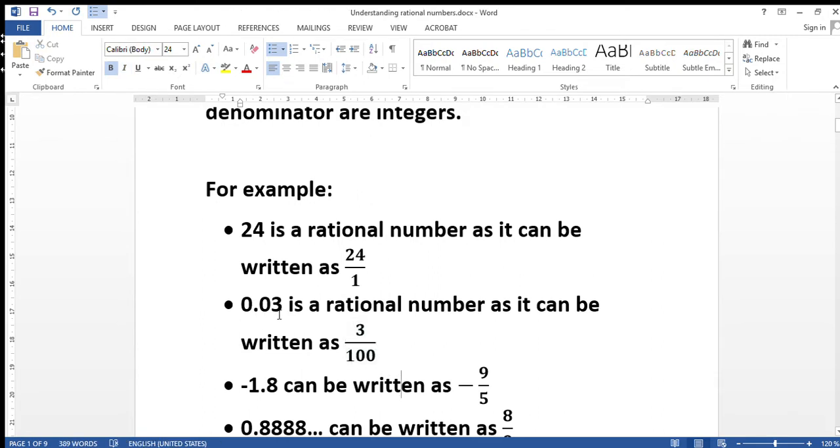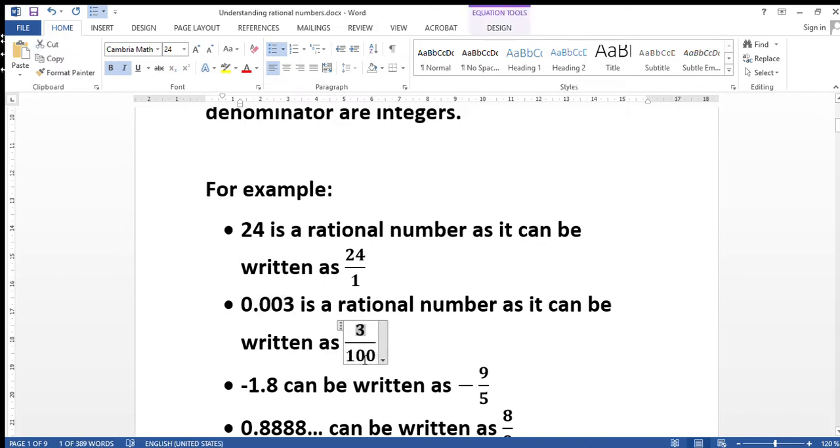Another case: let's try 0.003, with 2 zeros and then 3. Again we count 1, 2, 3. Make the number 3 a whole number, and then add zeros, so we have 3 over 1000.